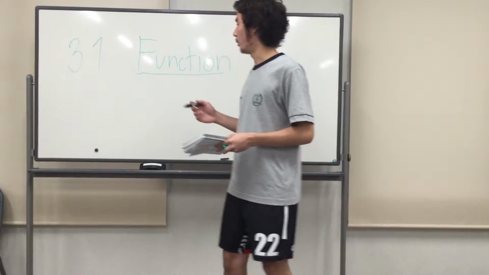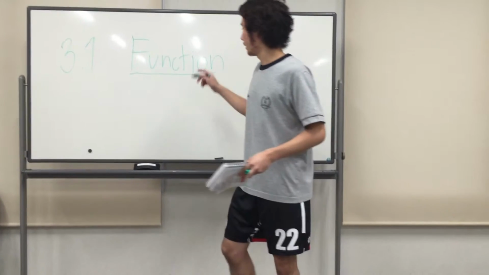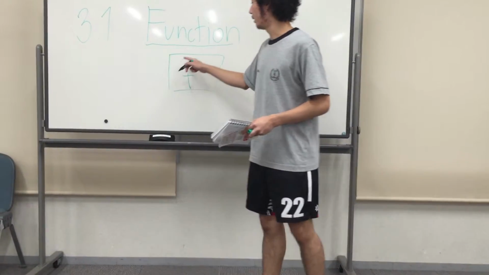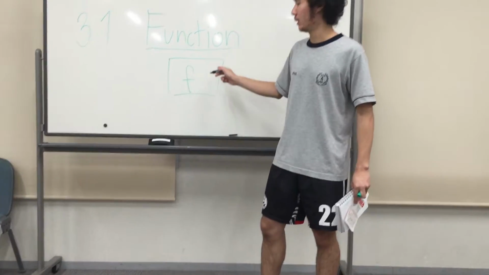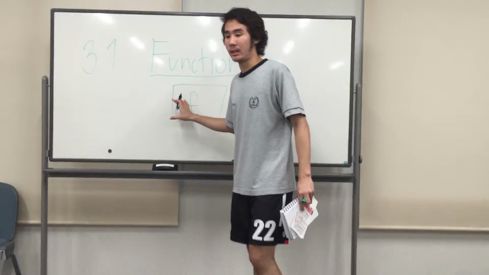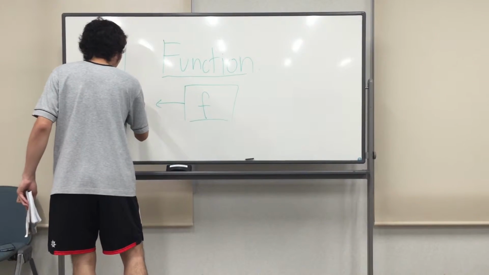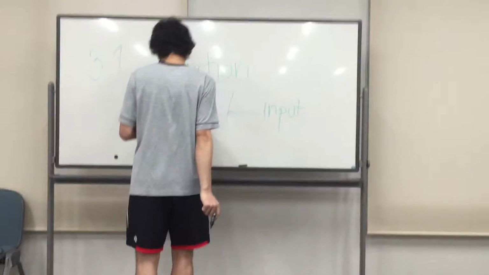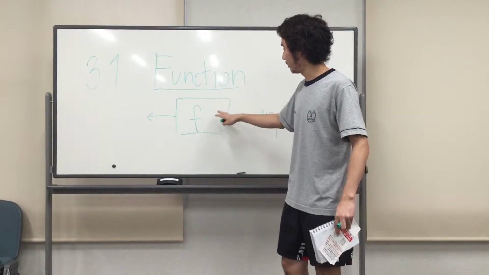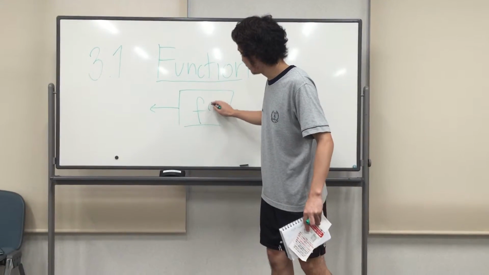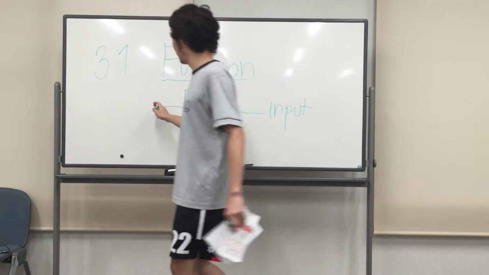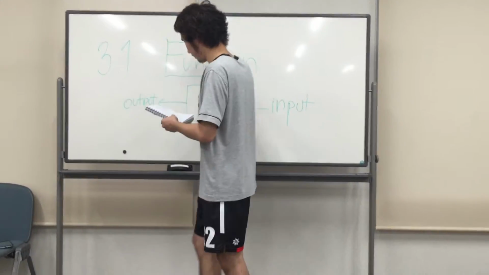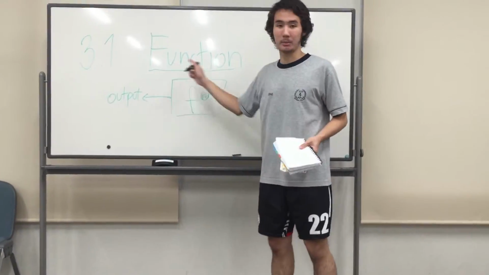So what is a function? If I draw this, a function is something that takes an input, does something with that input, and produces an output. This is how a function works in mathematics.